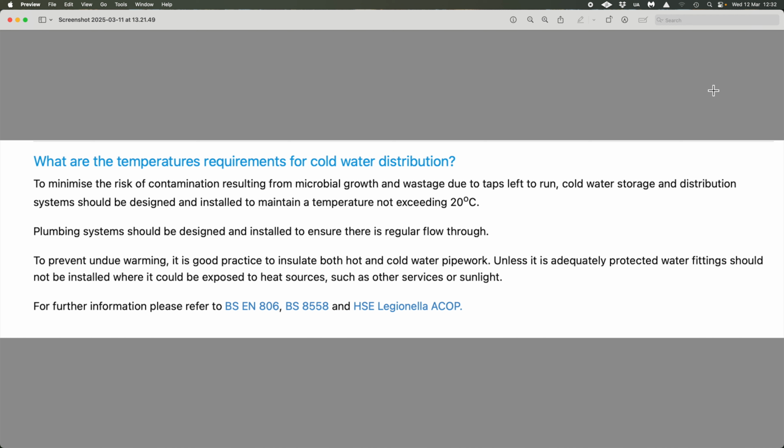What is very important is to make sure that any cold water supply is not stored, or does not have the ability to exceed 20 degrees in any 24-hour period. That is for microbial growth within pipework, and that can be anything from Legionella to Pseudomonas and all sorts of other things. That's another huge subject which we could talk about in a different tutorial video in the future.